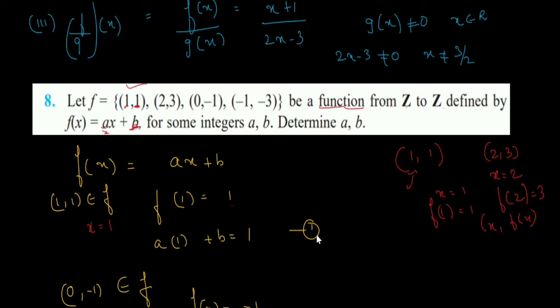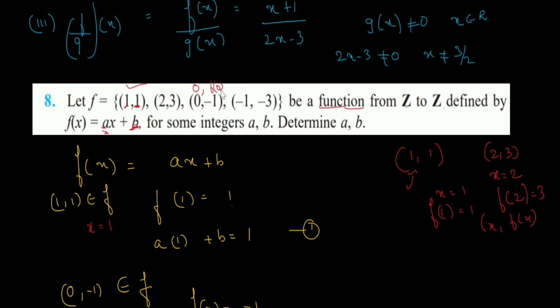This is equation 1. You can take (2, 3) or you can take (0, minus 1). The input x is 0, and this is f of 0, the output. If the function is represented as ordered pairs, the first values will be the domain, the second values represent the range.